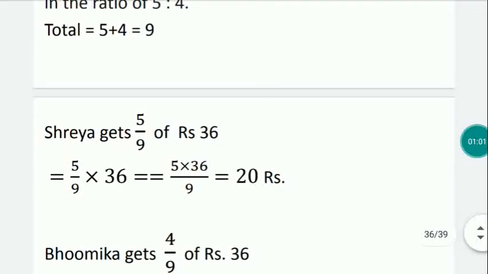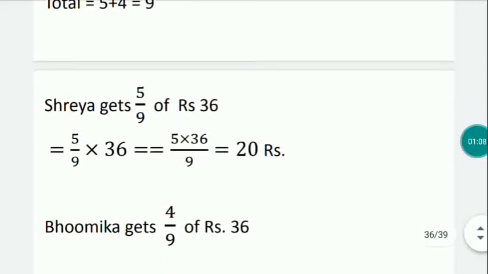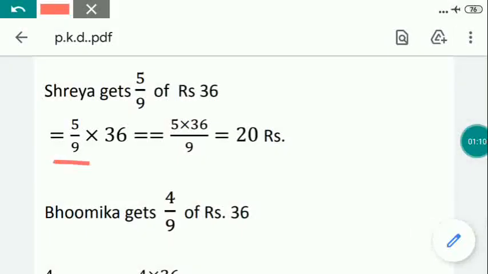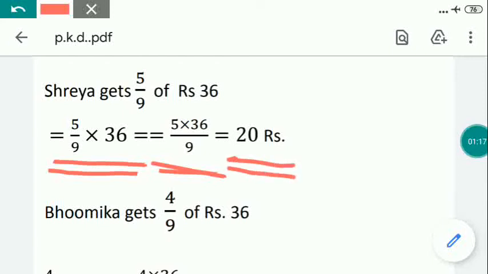Now Shreya gets, out of 9, 5 parts of 36. So 5/9 of rupees 36. So 5/9 into 36 is equal to 5 into 36 upon 9, which is equal to 20 rupees. And Bhumika gets, out of 9, 4 parts.